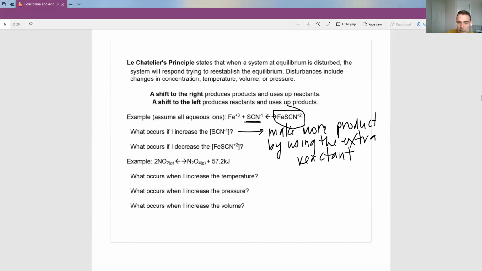If you decrease the concentration of that product, I want to make up for it and make more. Sorry, I confused myself there for a second. And I'm not good with editing, so you're seeing all of the mistakes. So what occurs if I decrease the concentration? I want to shift to the right to make up for what was lost. Okay.